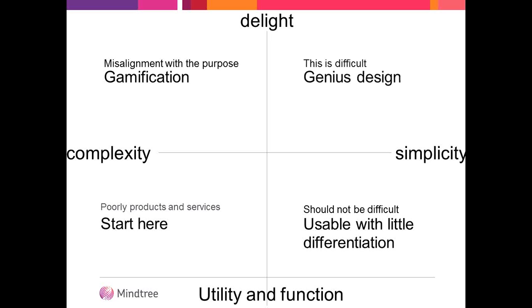The actual genius design, and the genius design when I was talking about diagrams previously, which is very difficult to achieve, is when you make a product very simple and delightful at the same time without compromising on utility and function, the core values of the product remaining intact.